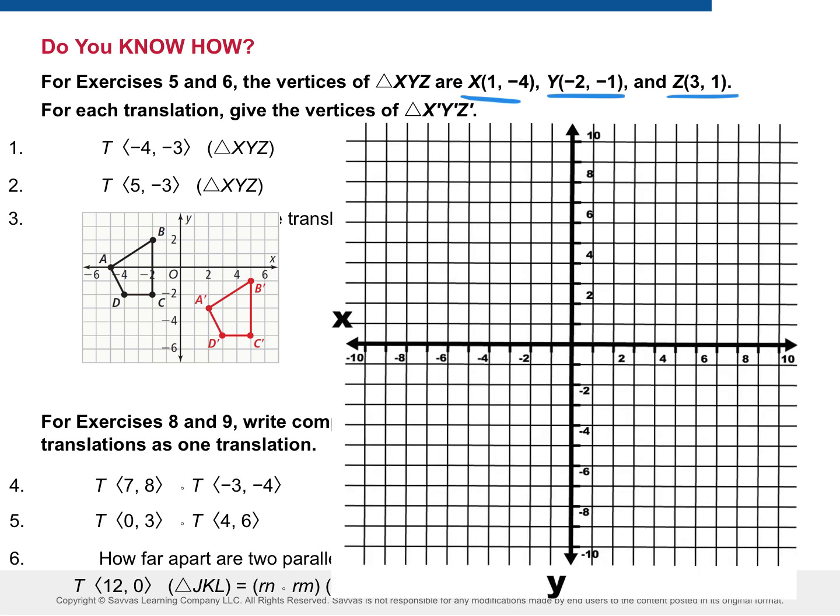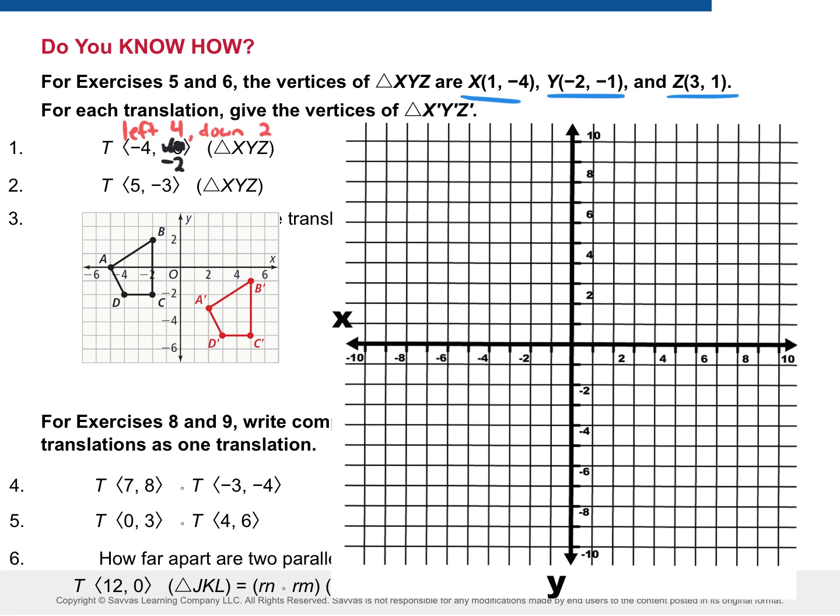So for number 5, on its rule, what does this -4 mean? What direction am I going? Left. Yep, that's left 4. Okay, what does this minus 2 tell me? Down 2. So for every single point on your graph, you're going to go left 4, down 2. Capiche? Okay.